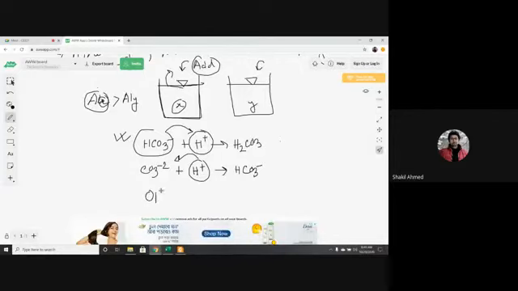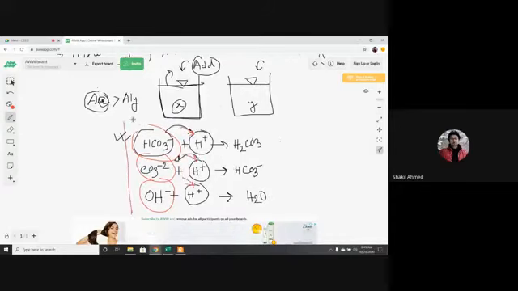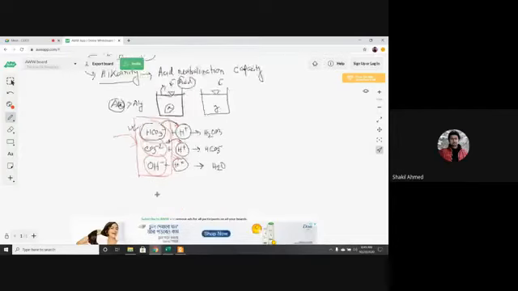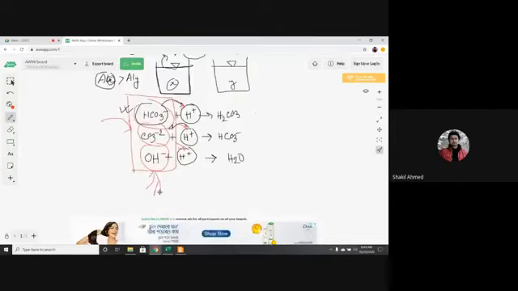Again, hydroxyl ion can take or absorb or neutralize hydrogen ion to make it H2O. So basically, these are the agents which have the power to neutralize the acid. That's why they actually cause the alkalinity in water.